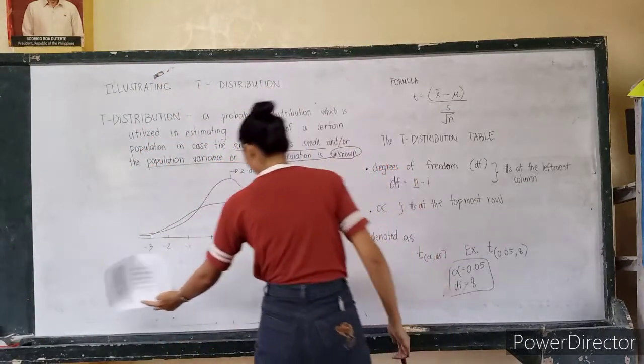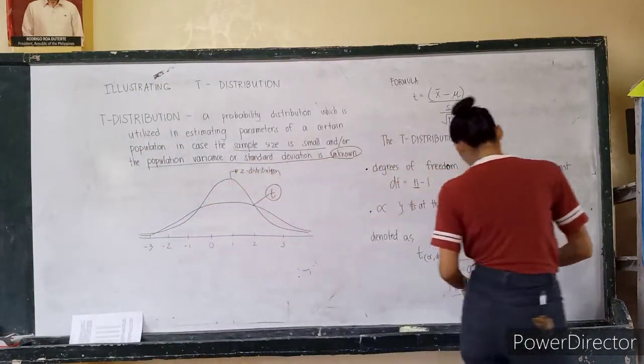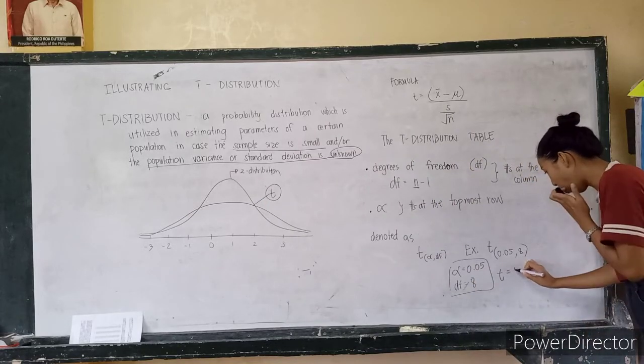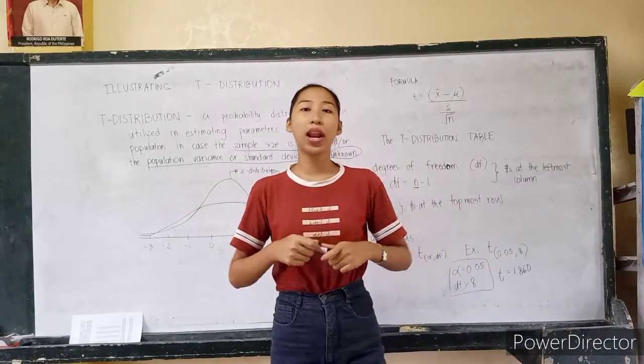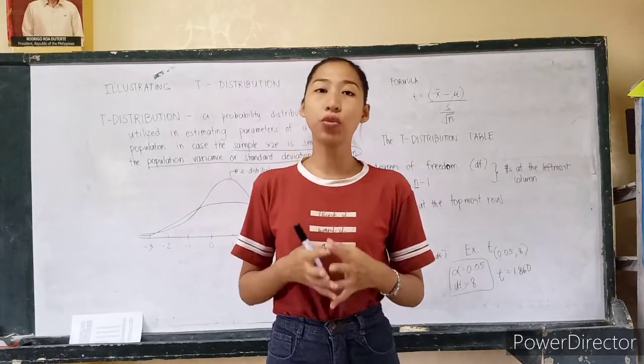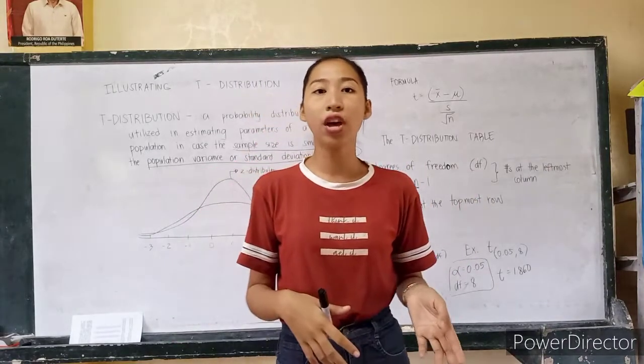That is how we get the t value using your alpha and your degrees of freedom.